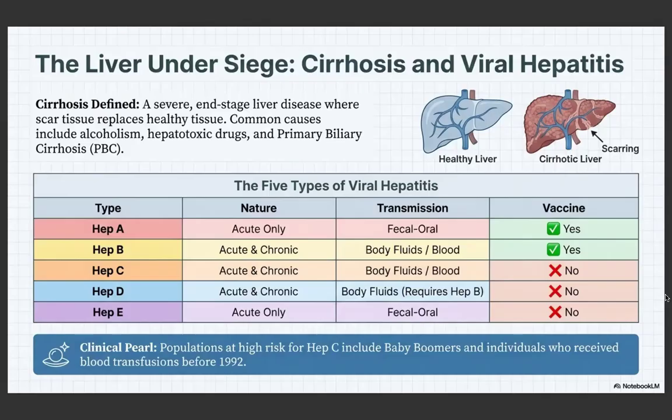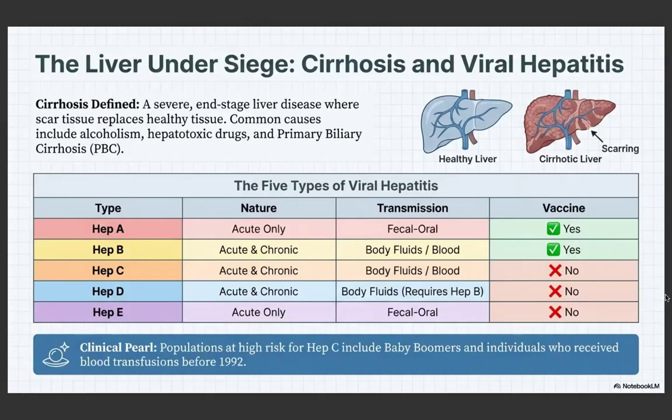Hep C, I like to think of it as, you know, you got C's in nursing school and you ended up with Hep C because you decided to do drugs. That might not be a valid memorization trick, but that is how I memorized Hep C in school.